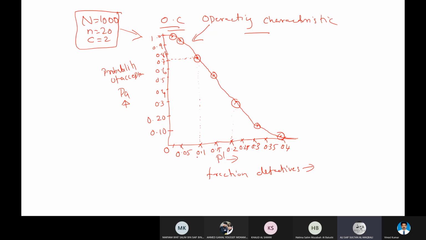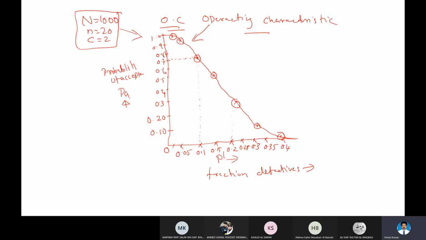Yes, doctor, the graph is clear. So like that, you can find any value. This is the graphical representation of a simple sampling plan.